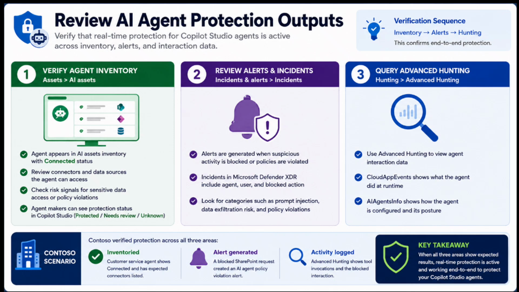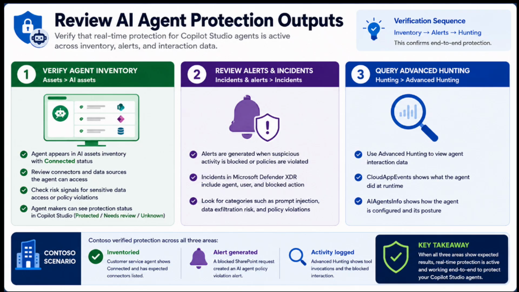We already saw that at the beginning of this video. There are three primary places to check. We already saw how to look at AI assets, the agents themselves. We looked into incidents and alerts, and we also looked into advanced hunting.